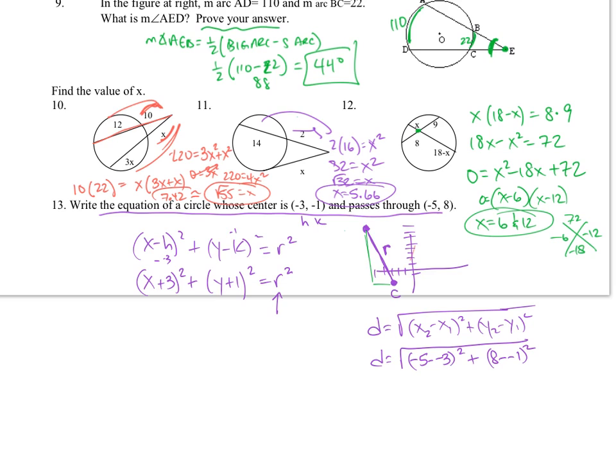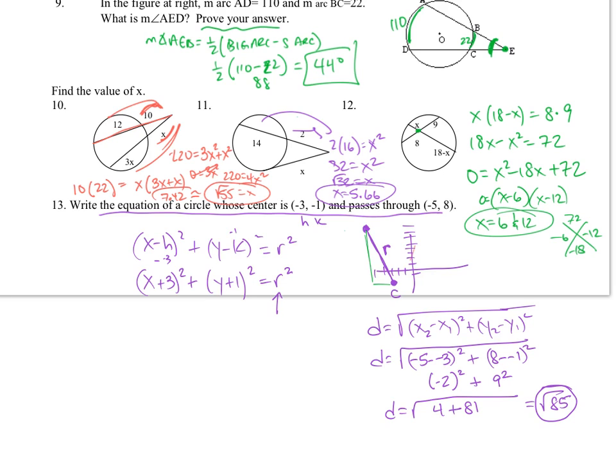So this ends up being -5 plus 3, which is -2 squared, plus over here 9 squared. So the distance will be the square root of 4 plus 81, which is the square root of 85. Just leave it like this. You don't need to take the square root of that.